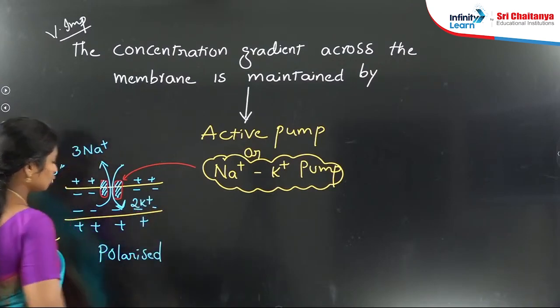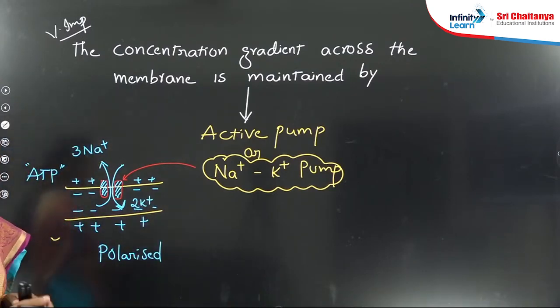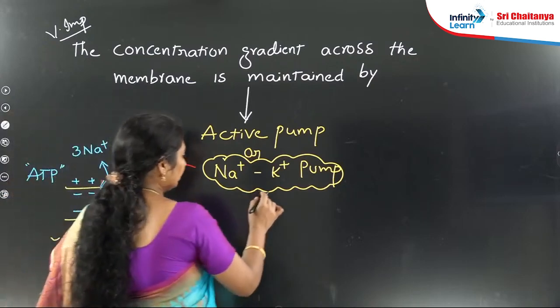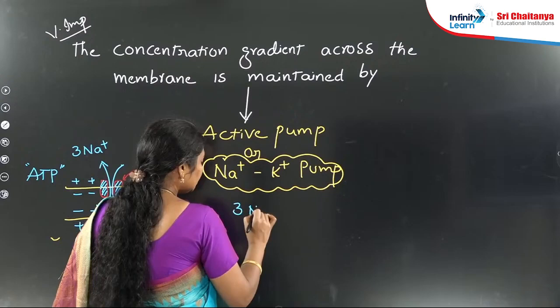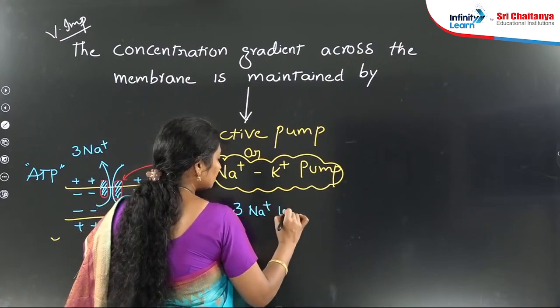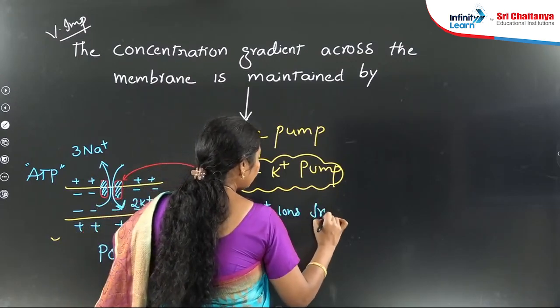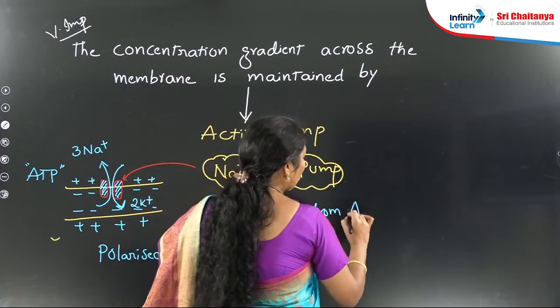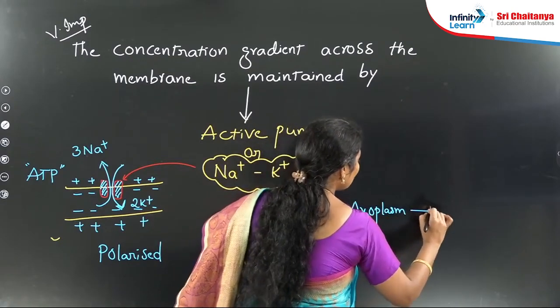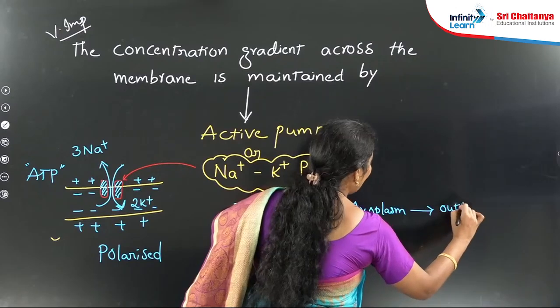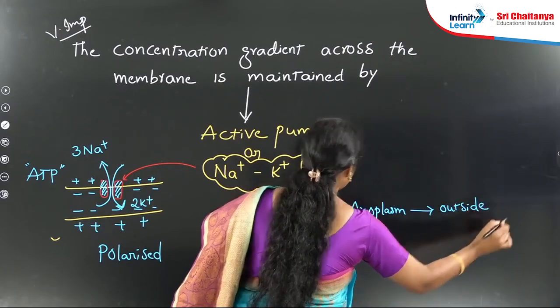This is a repeated question. What is the role of this sodium potassium pump? This pump pumps 3 sodium ions from the cytoplasm to outside, meaning from inside to outside, or to the extracellular fluid, which is also correct.